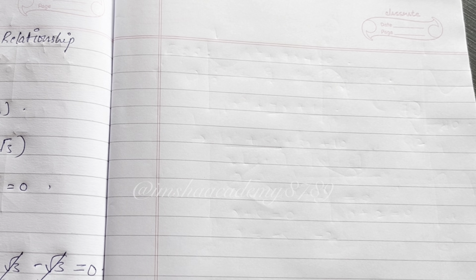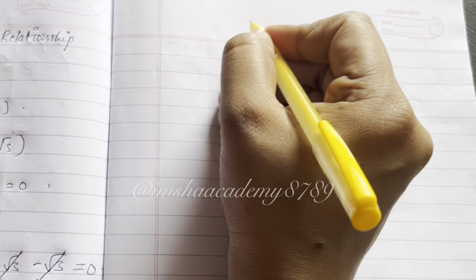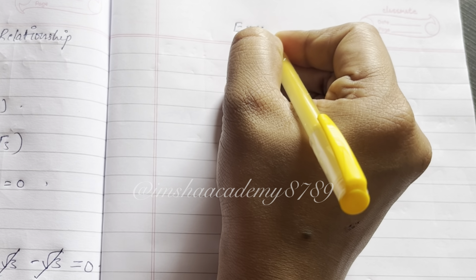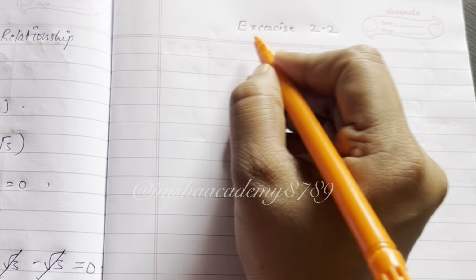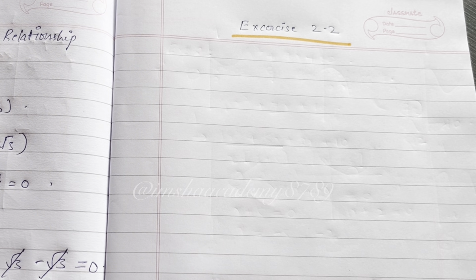Next is exercise 2.2. In that, the first question is to find the zeros of the following quadratic polynomial and verify the relationship between the zeros and the coefficients.